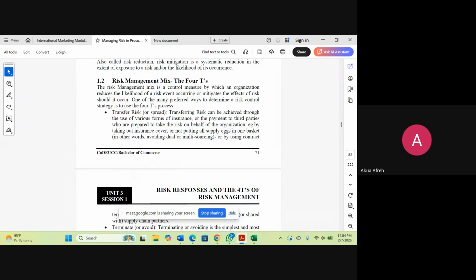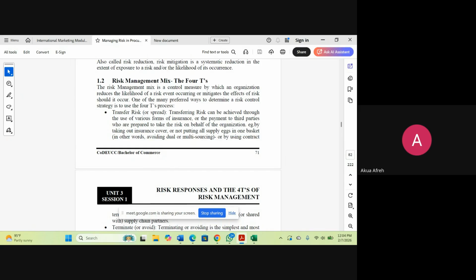And at times we want to use some terms in the contract to also share some risks with our partners or those that we are in business with. And as usual, we also take out some insurance covers when we want to transfer some risk.